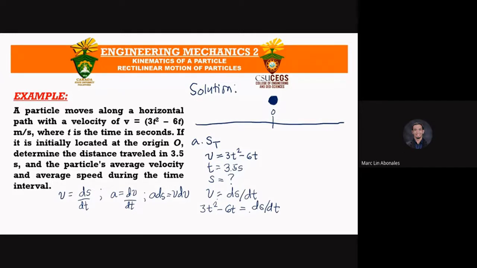you cross multiply, or multiply the 3t squared minus 6t with dt. So what happens here? We have ds is equal to 3t squared minus 6t dt.